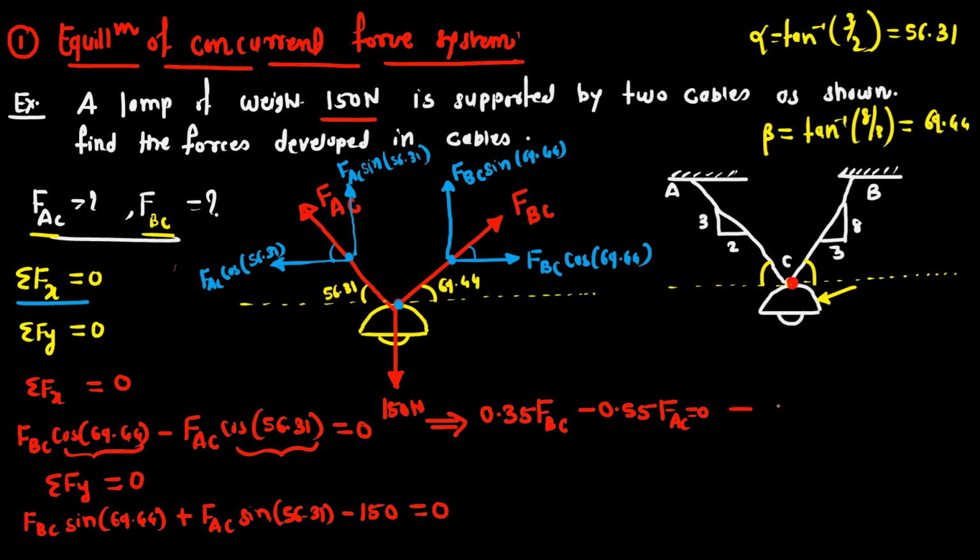Okay. So this is the first equation. Write the second equation. So sine 69.44.